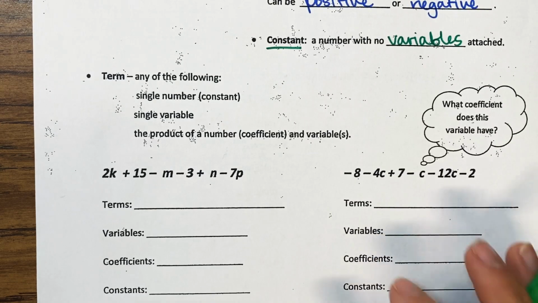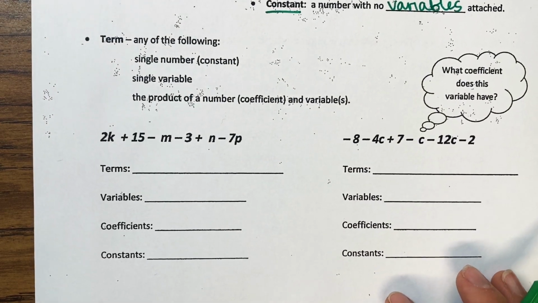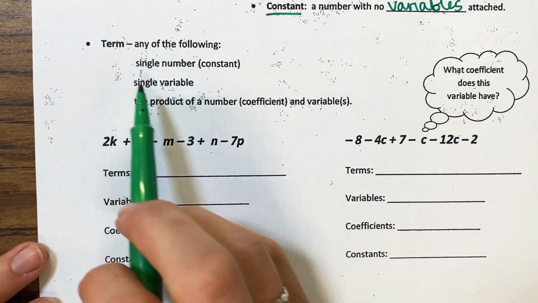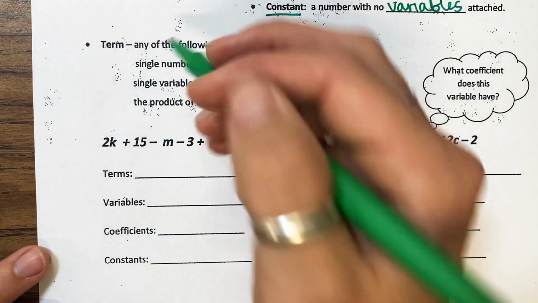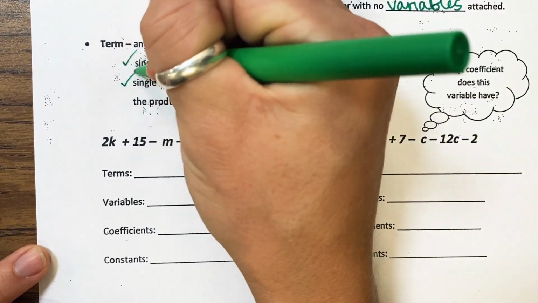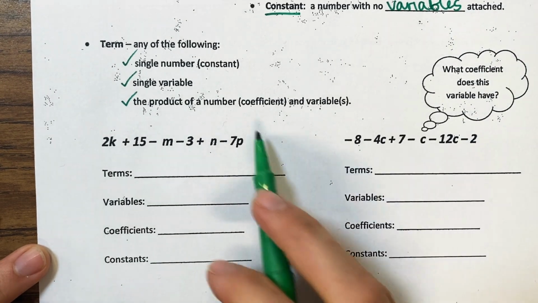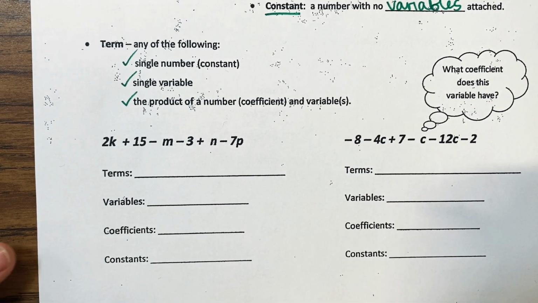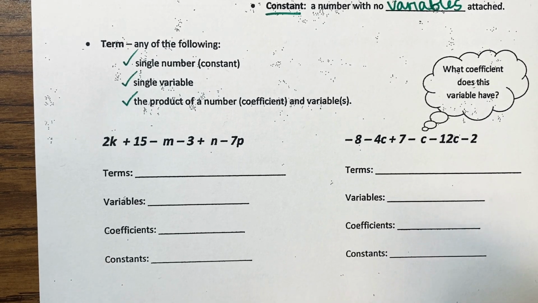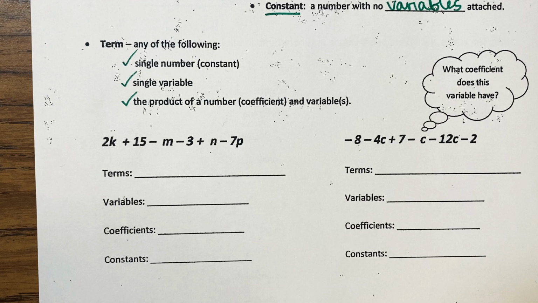Okay, let's talk about terms. Okay, a term is any of the following. Okay, a single number, a single variable, or the product of a number, a coefficient, and a variable, meaning they're being multiplied together. Okay, terms are separated, so let's write this down.